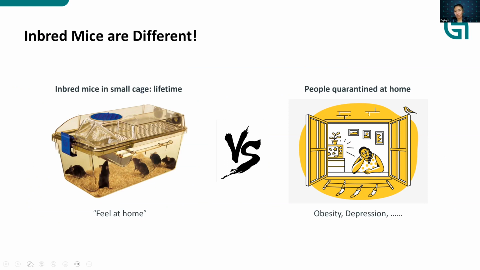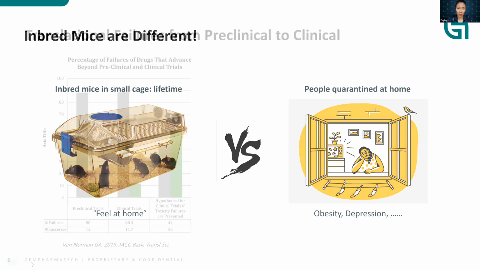So inbred mice for research purposes tend to live in a small cage or small space for their whole lives. So for them, this really feels like home. There's no difference. They're used to it and they adapt to it from generation to generation. People, on the other hand, this is something new. We may or may not like it. We have had behavioral responses to that constriction.